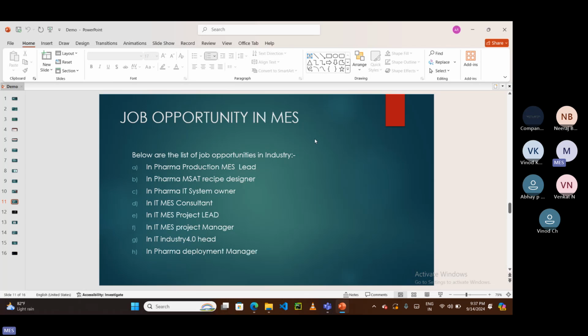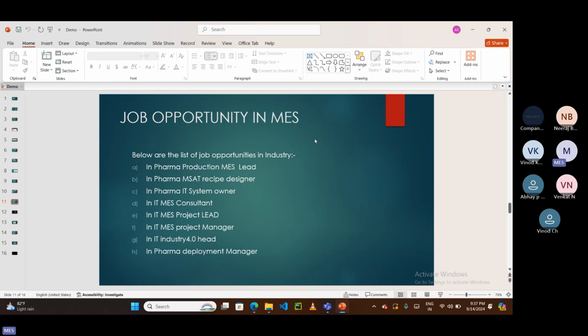You will get a position like MSAT recipe designer. In pharma, you will get IT system owner. In IT, you will get MES consultant. In IT, you will get maybe MES project lead, MES project manager, industry 4.0 head. In pharma, deployment manager also. These are the different kinds of roles you will get in your initial days.